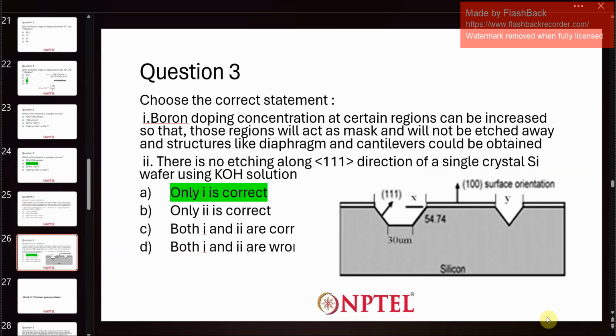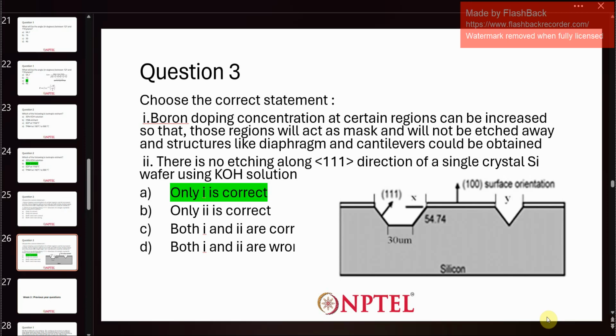Let's go to the second statement first. As I said earlier, with a wet etchant the etching will always happen, just the etch rate will be different. So in case of KOH, in the 111 direction of a single crystal, there will be etching.